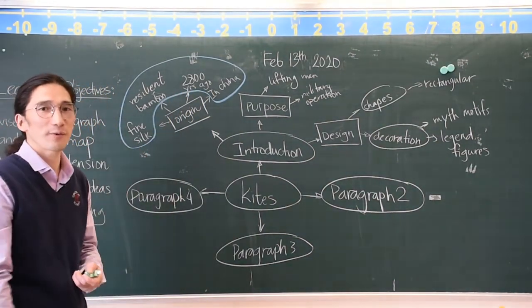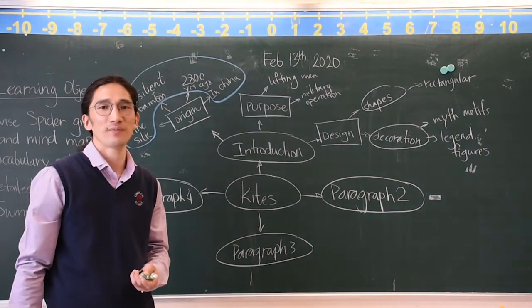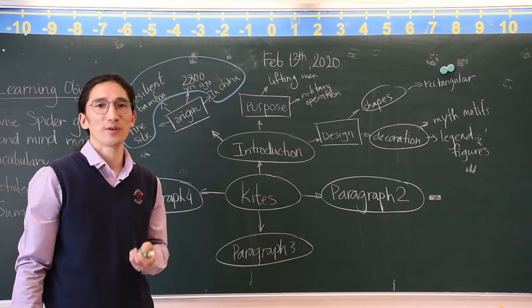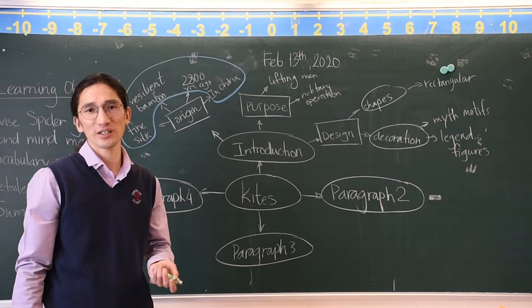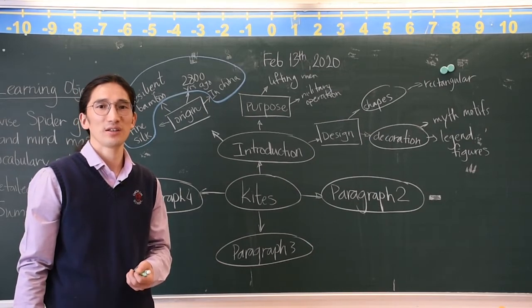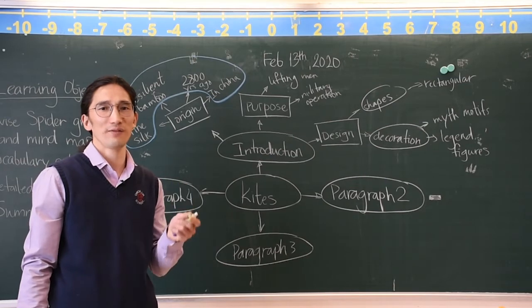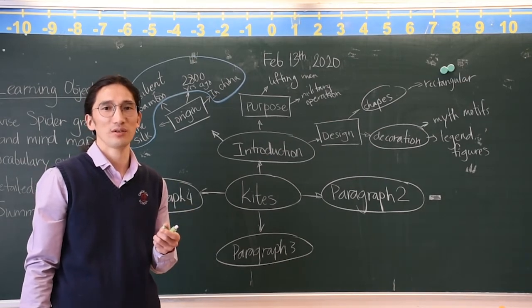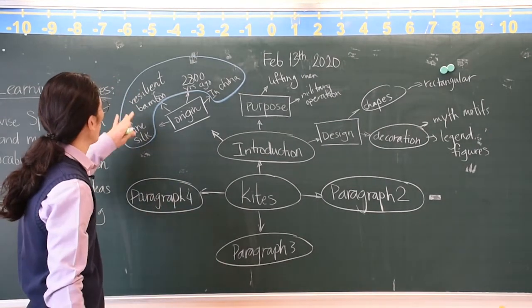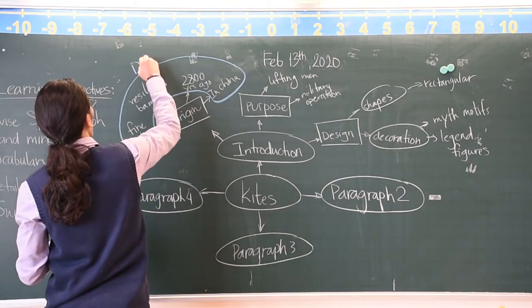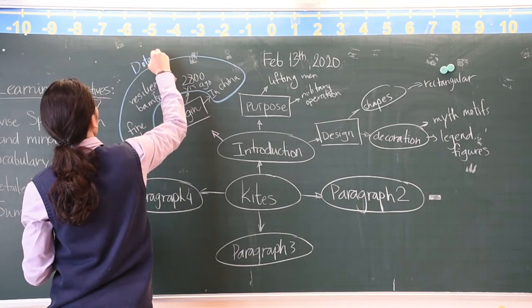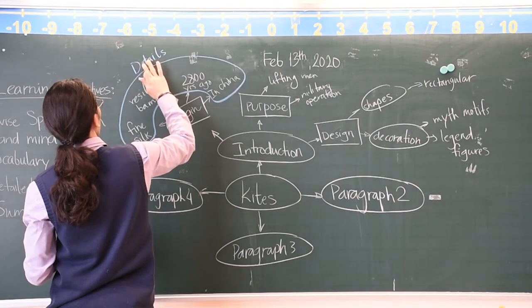What kind of information do you think they are? If you answered they are details, that's right. They are giving very small pieces of information individually, right? So these are details.